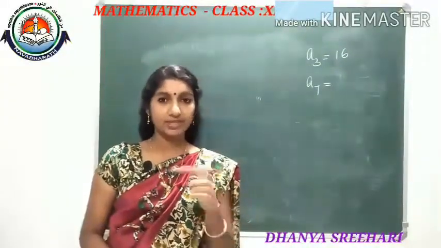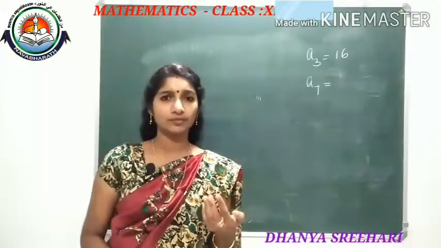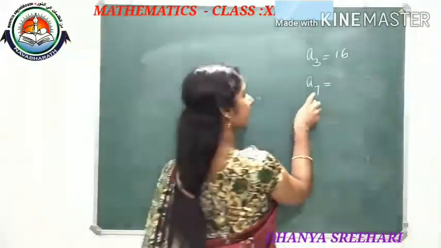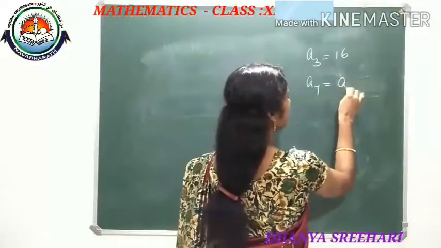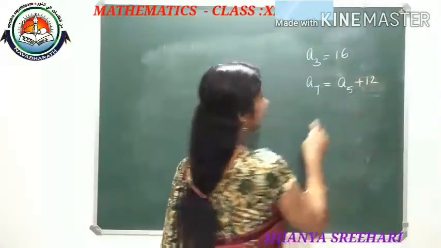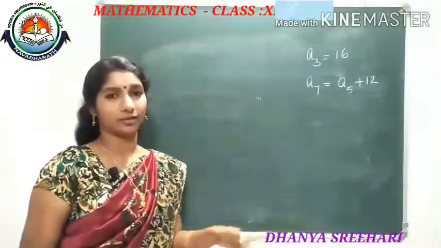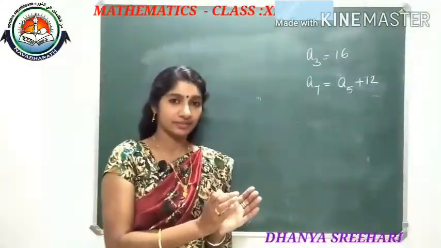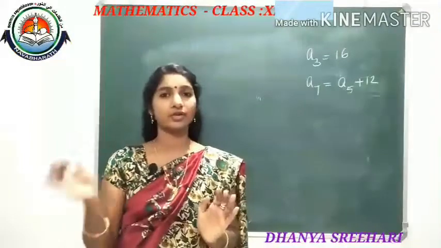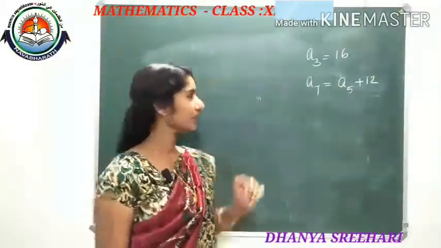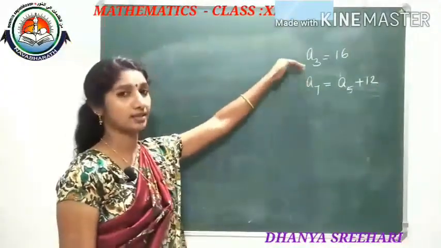Comparing with its fifth term, the seventh term is more. How much more? 12 more. So seventh term is equal to fifth term plus 12.